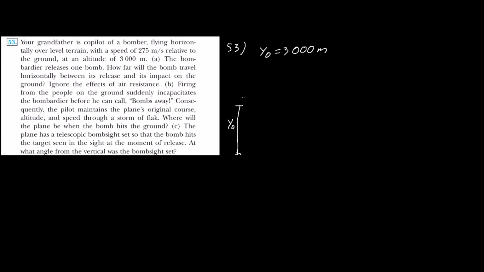The plane has a speed of v naught, and v naught here is 275 meters per second.